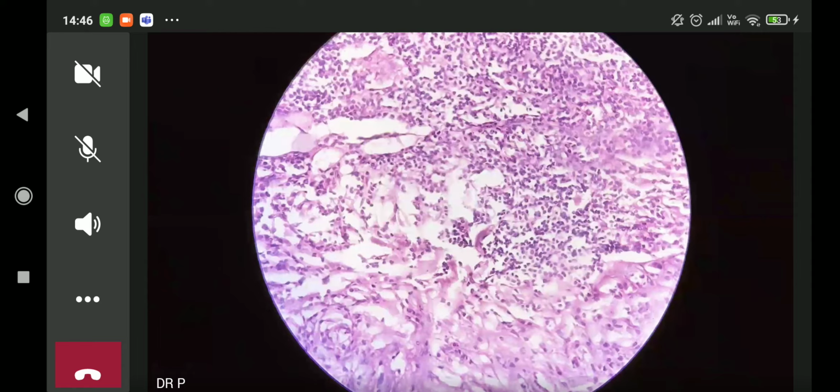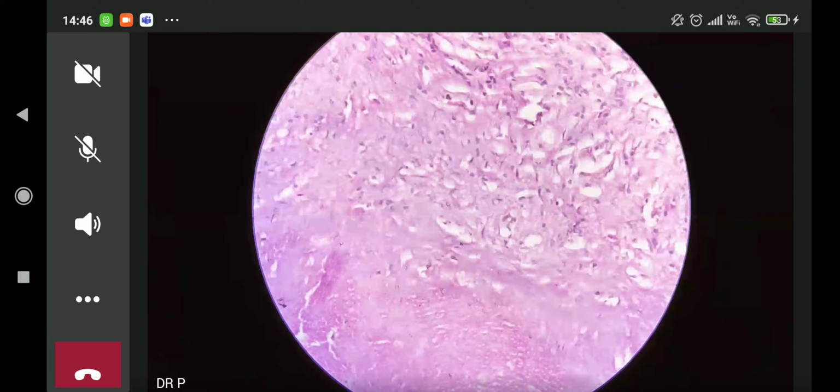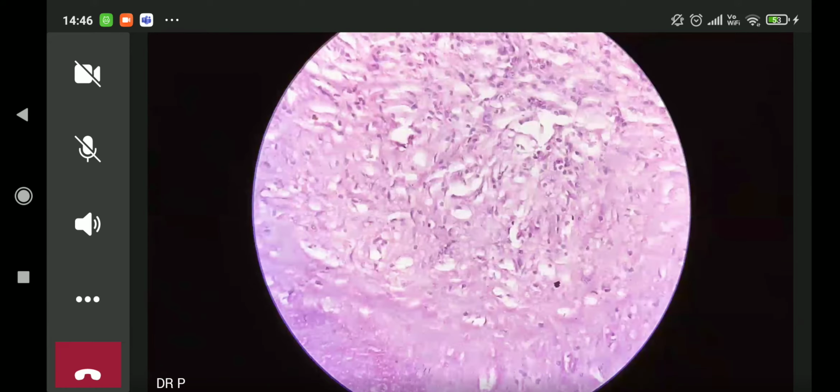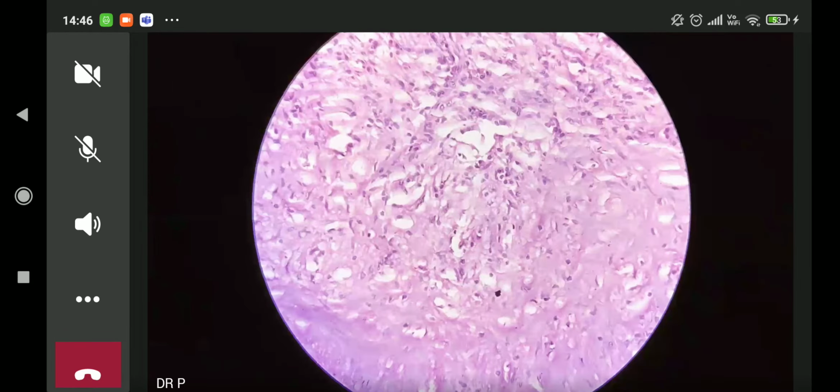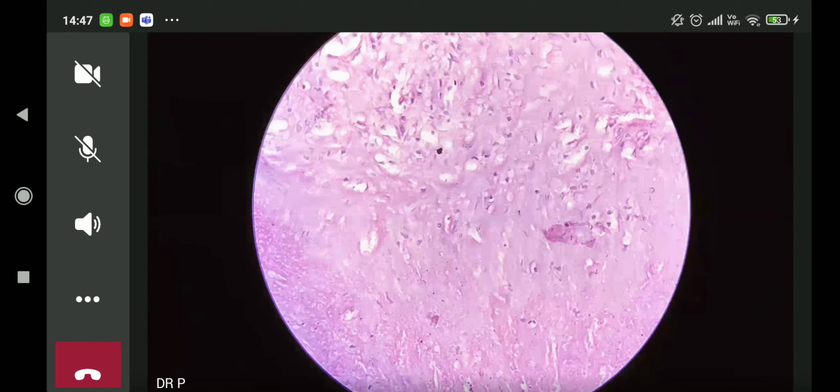I'm very sorry about the pointer thing. I'll correct it next time because unfortunately it's still not working. I'm trying. Now, I've just put it right in the center. If you look carefully, there are some cells that have elongated nuclei. All these elongated, slightly serpentine looking nuclei are nothing but fibroblasts. So, whenever there is necrosis, at the interface, you would see a fibroblastic response.